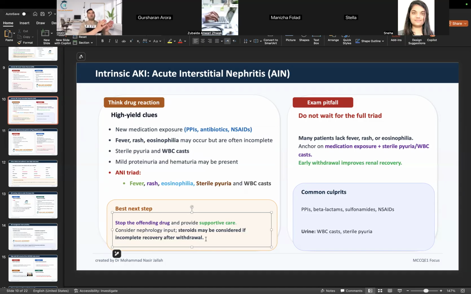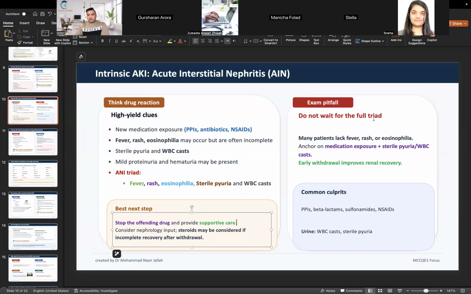For example, the most important treatment in this case is to stop the offending treatment. It will help the patient and the patient will start to improve. So stopping the medication is the most important treatment. Now, if it doesn't help, we will consider steroid. We don't always use a steroid, but if stopping the offending medication does not seem to help. Not only that, the supportive treatment also, which comes after.